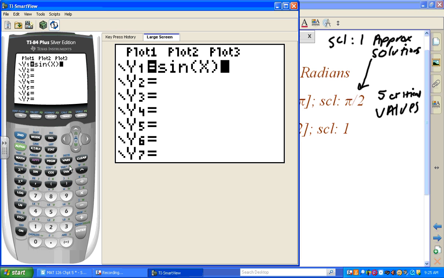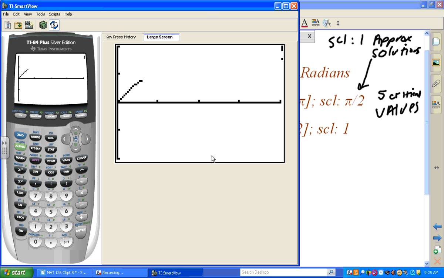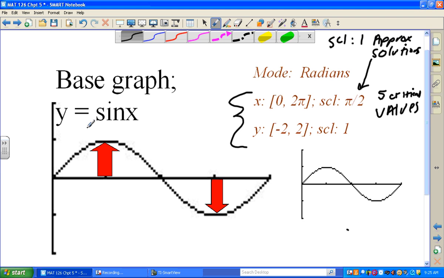And I go to graph. Ooh, there it is, sine of x. I put negative 2 to 2 on this graph. You can go negative 1 to 1, that's fine. Sine of x. Okay. So, you can see the amplitude is 1. Amplitude equals 1.